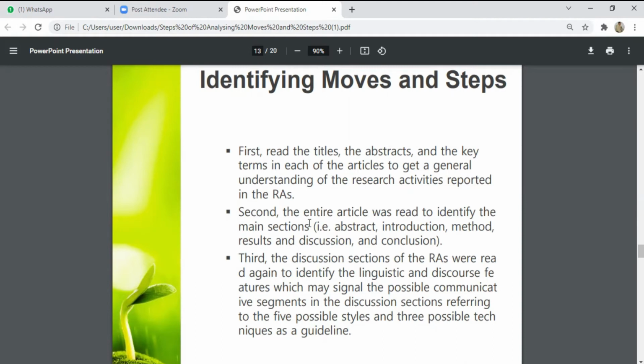So we read the article several times, not just once, although we only analyze one section of the article.